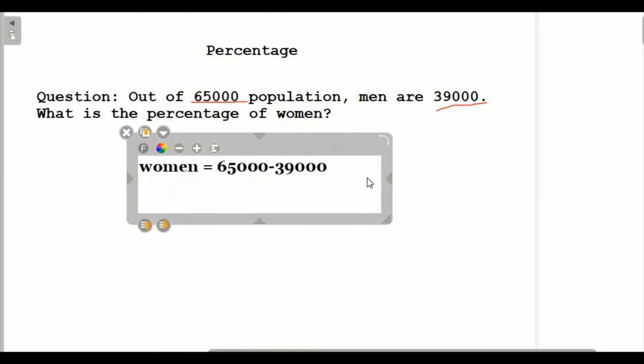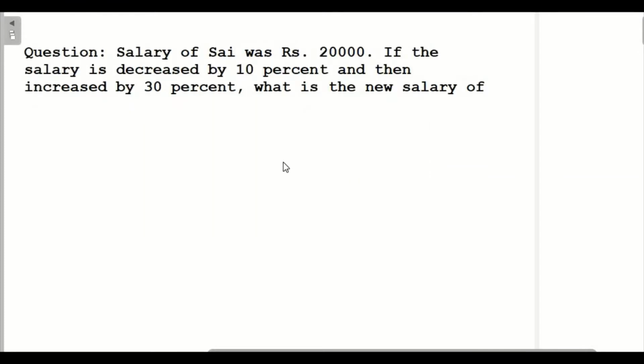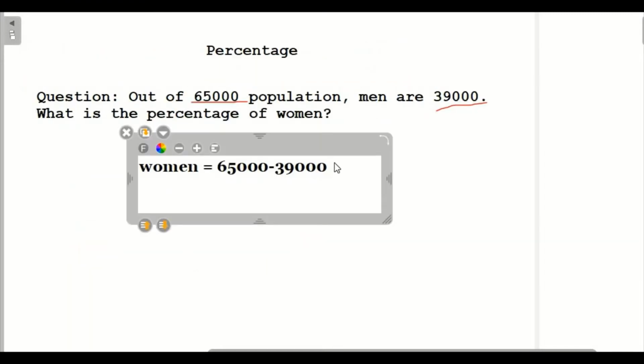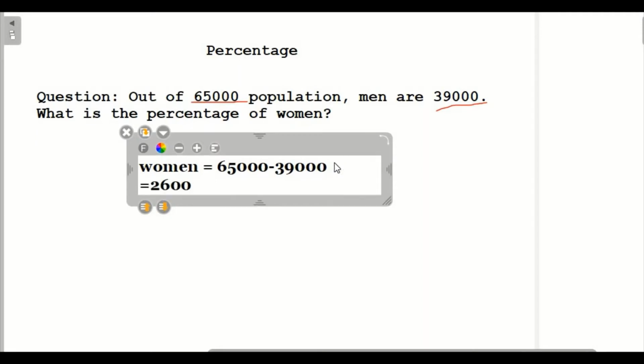Our total population will be 65,000 and the men are 39,000. So we know that automatically the women's population will be 26,000.